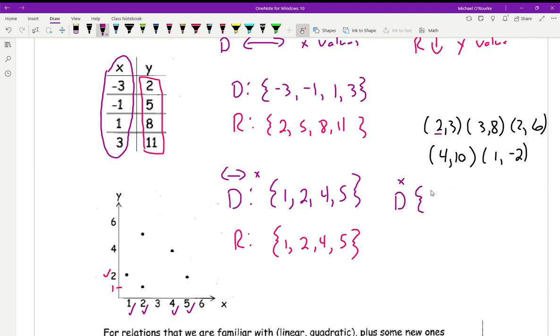So I'm going to go through and write down all my x components: 2, 3, now I have 2 again, but I already have a 2 down there, 4, and 1. Then we go through our y components, which is our range: 3, 8, 6, 10, -2. Okay, so that's how we do domain and range.